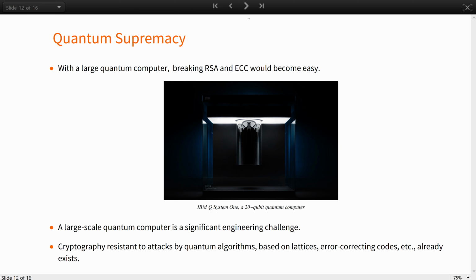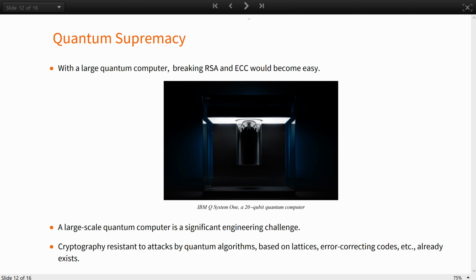It has been proven by Peter Shor that both factoring, as in breaking RSA, and discrete logarithm, as in breaking elliptic curves, would become easy if a sufficiently large quantum computer could be built. A large-scale quantum computer still remains a significant engineering challenge, and the question of whether one can be built is a complicated one.